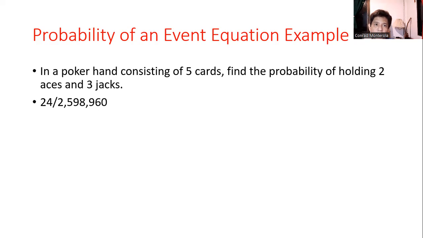So marami pang iba, di ba? You have flush. So flush naman, halimbawa you have 5 hearts or 5 spades, basta the same suit. That's flush. If you have 2 pairs, that's 2 pairs. If you have a single pair, that's a single pair.